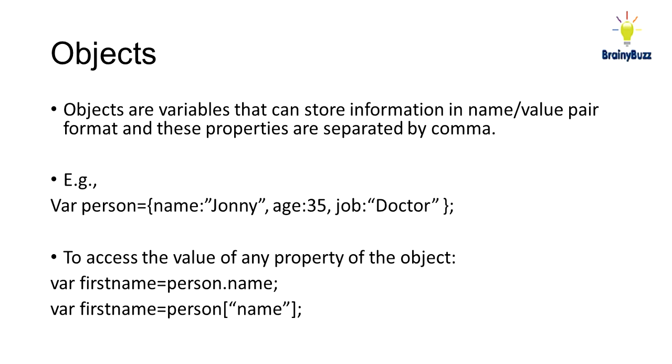Another thing, you have objects. Objects are variables that can store information in name value pair format, and these properties are separated by commas. Supposedly you want to store the data of a person.